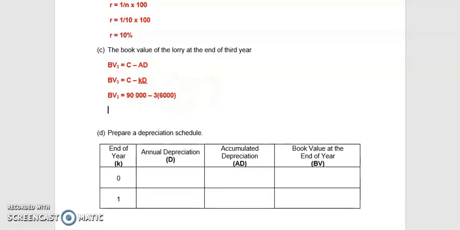So book value here is equivalent to RM 72,000. So what is meant by 72,000 here? Book value year 3. So let's say you want to sell the lorry at the end of that year, you can sell it at 72,000, because this is the value of the lorry at the end of that year.